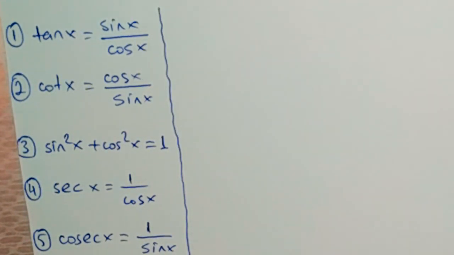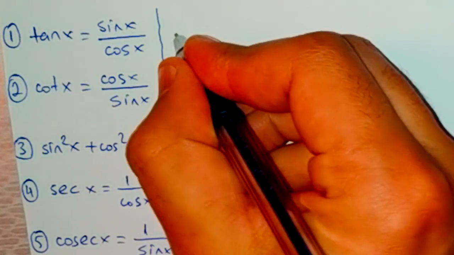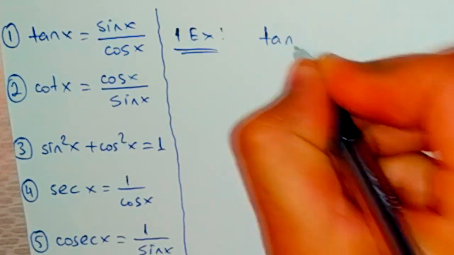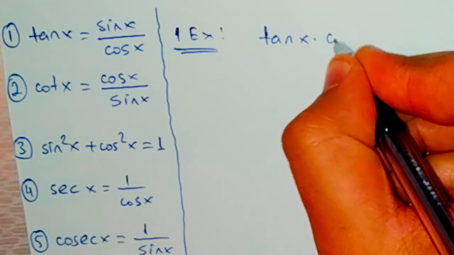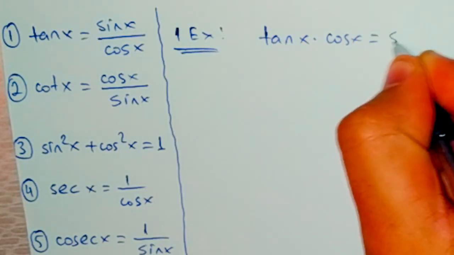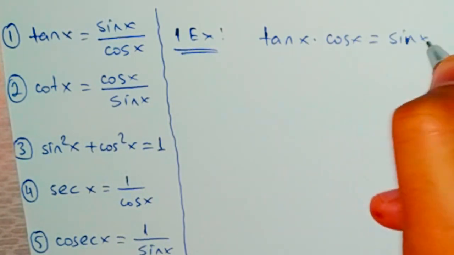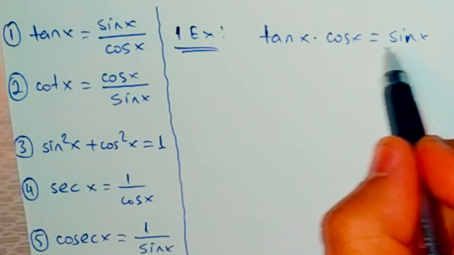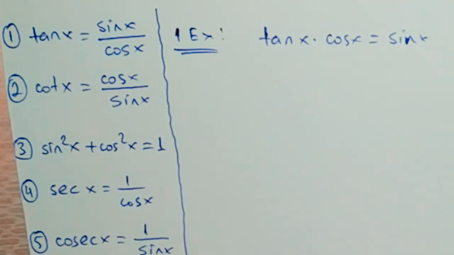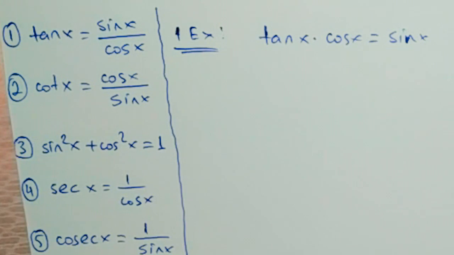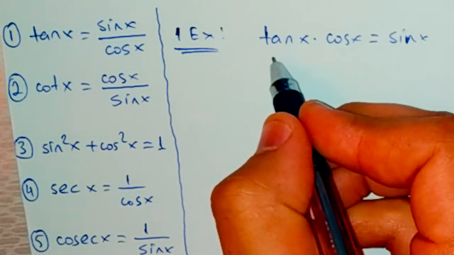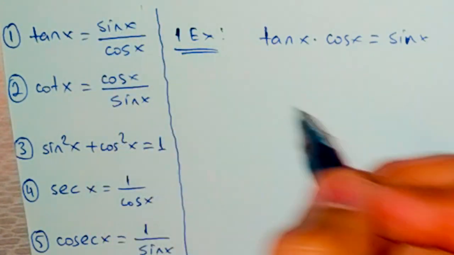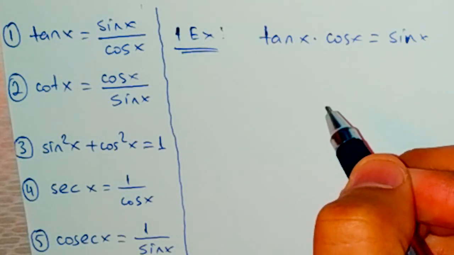The first identity, for example, is like this: tangent x multiplied by cosine x is equal to sine x. Shortly, we need to show, or prove, or check, that this expression is equal to this one. Firstly, instead of tangent x, we can put sine x over cosine x by using the first basic identity.